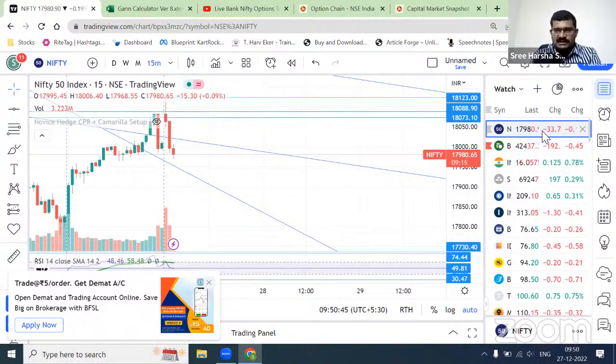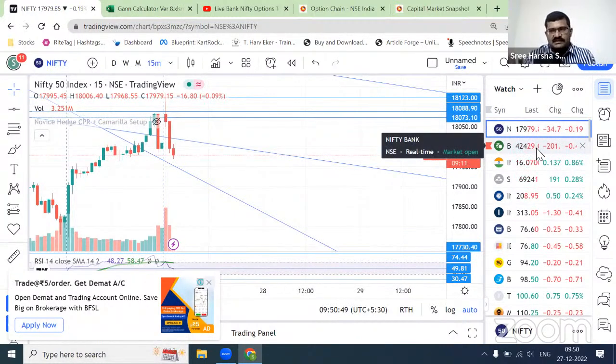See, as long as we stay below 18,000 and below 42,500, market is on the negative side only. And if you see, the calculator has clearly given us that, calculator-wise, we are on the sell side.